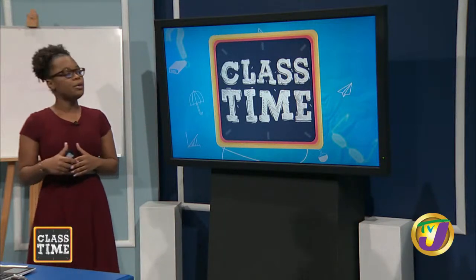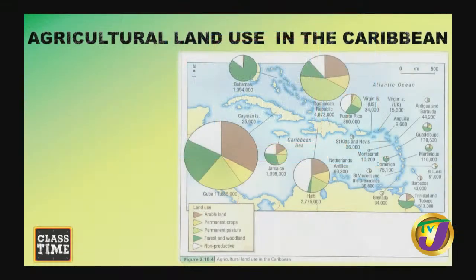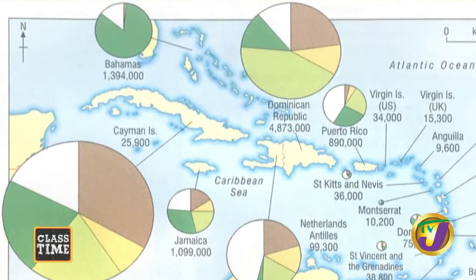Cuba has the largest, which means that they have a high dependency on agricultural activity. With that being said, employment linked to agriculture is really high. So many of the persons are employed in the agricultural sector. Cuba, Dominican Republic, and Haiti follow thereafter.